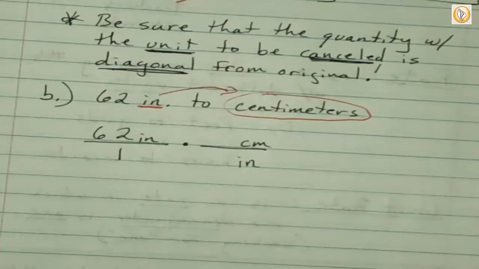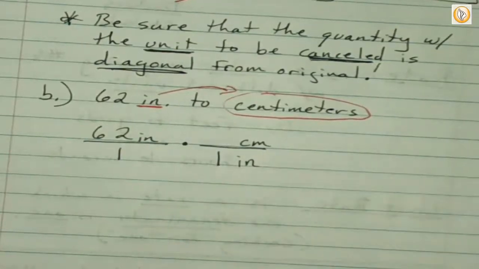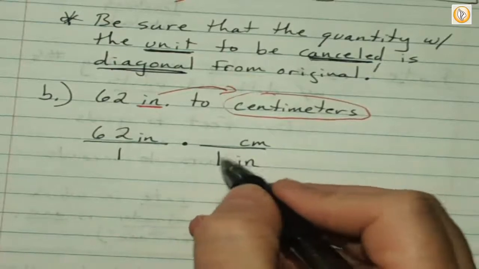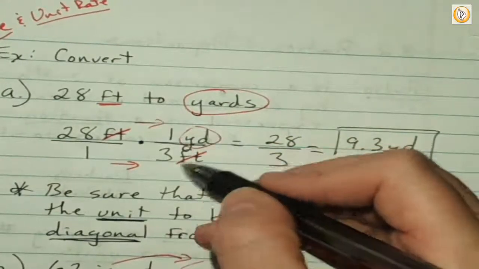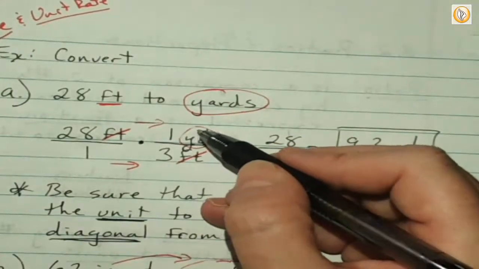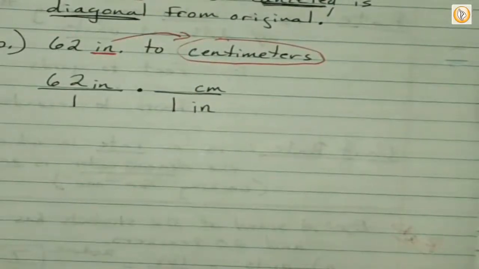How many centimeters are in an inch? So 1 inch, the 1 this time goes on the bottom. So whatever's the biggest is going to go on the bottom. Look right here. We had yards with the 1 because it's larger. 3 feet go into 1 yard. So we're looking for how many centimeters are in 1 inch.